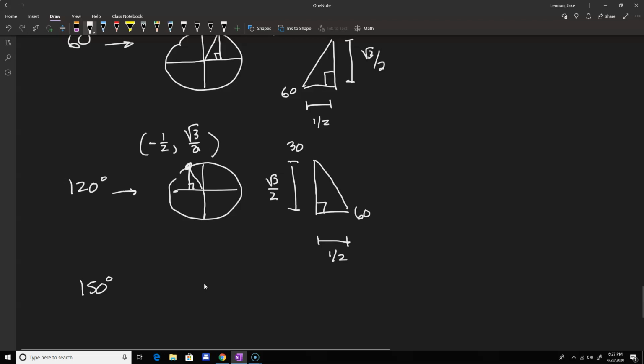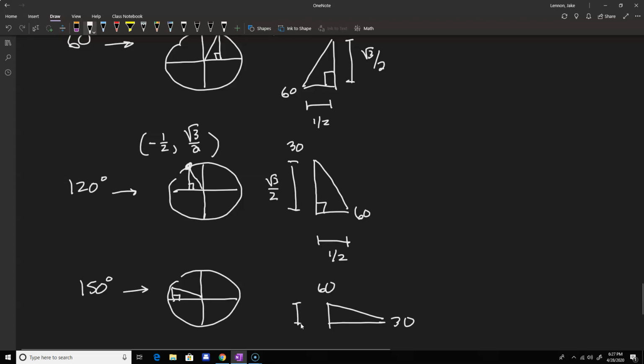And for 150, the triangle is going to look more like the 30-degree case, because it's going to have the shorter y component side and the longer x component side. So now my triangle looks like this. I've got 30 here and 60 here.